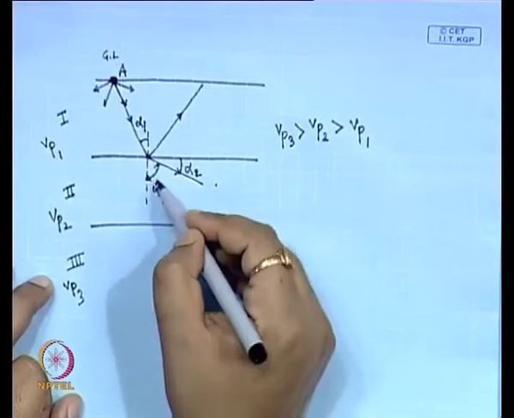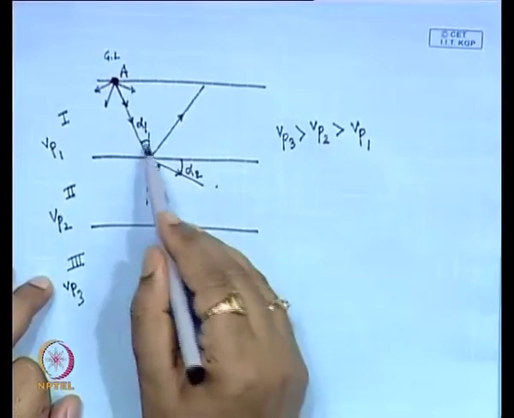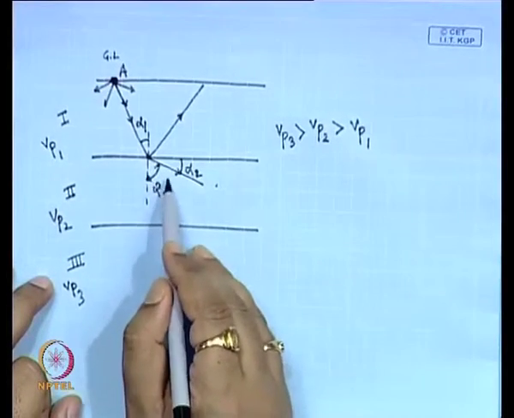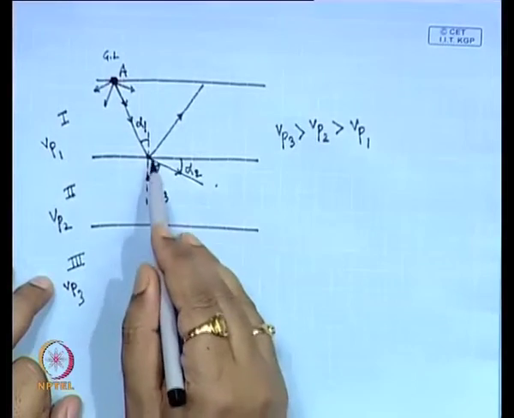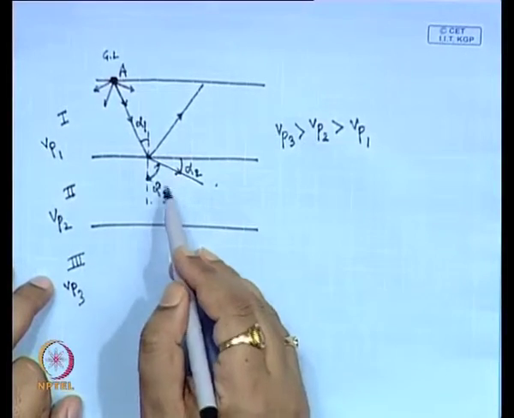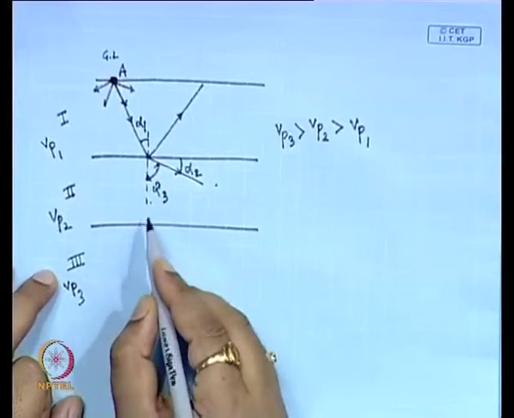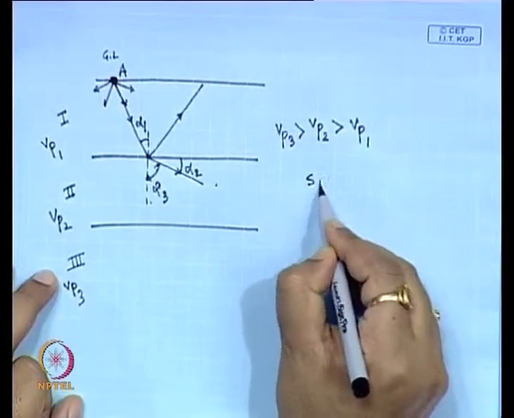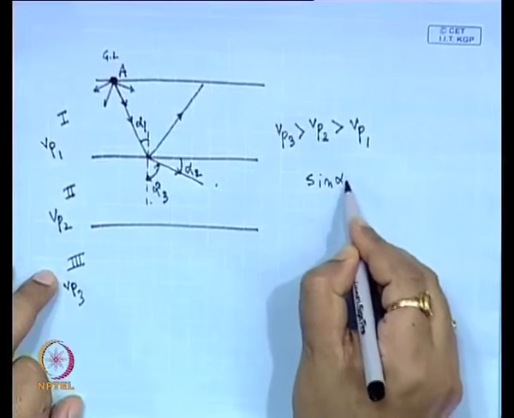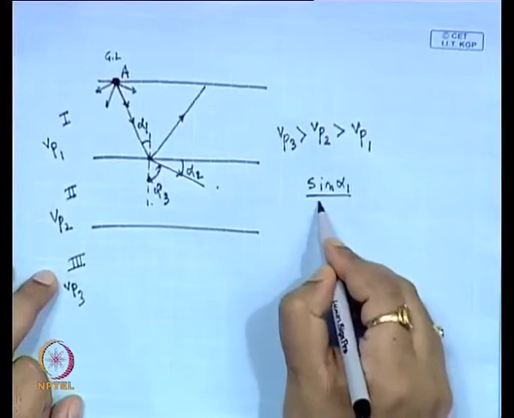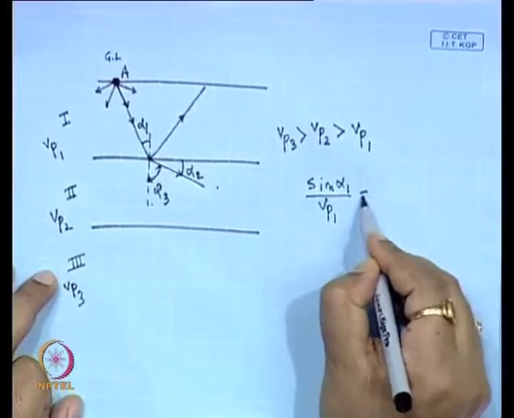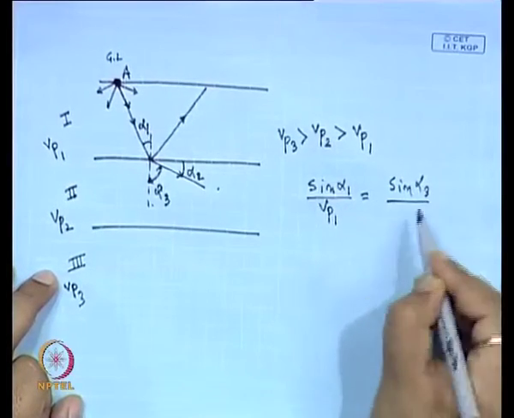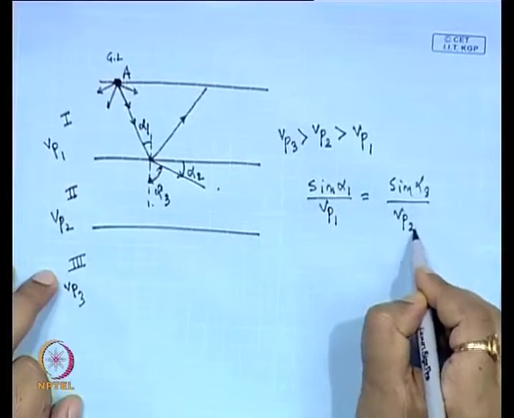As V p 2 is greater than V p 1, this ray will travel away from this vertical line. So, by this law we can write that sin alpha 1 divided by V p 1 is equal to sin alpha 3 divided by V p 2.